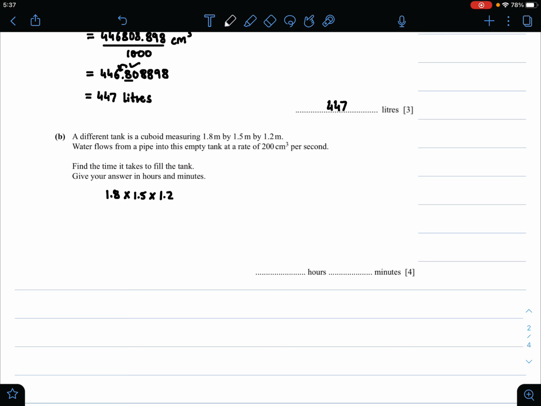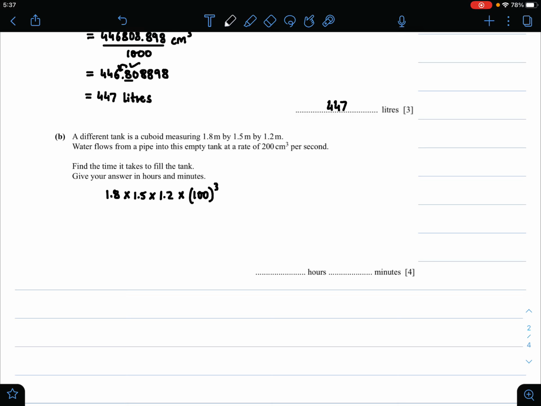Now this is in meter cubed, but we need to get it in the same unit as the rate at which the water flows in, that is centimeter cubed. So we multiply this answer by 100, because usually from meter to centimeter you multiply by 100, but since it is in the unit of meter cubed and centimeter cubed, you will multiply it by 100 raised to 3.